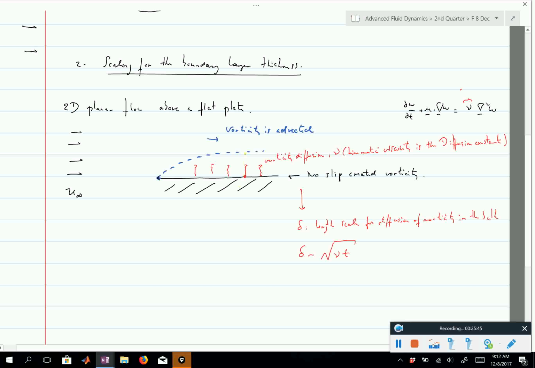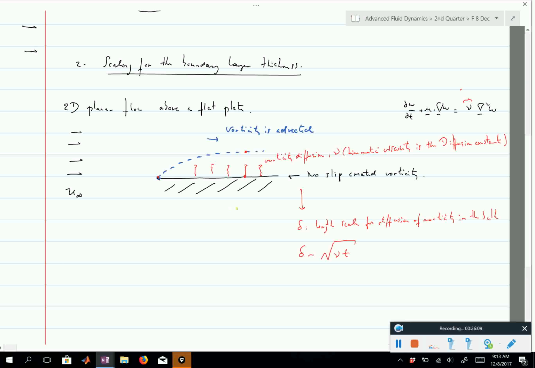The vorticity you will find at this location is the vorticity you created here and that was swept along over time, which corresponds to the ballistic time scale, u infinity times t. That would be the length scale.